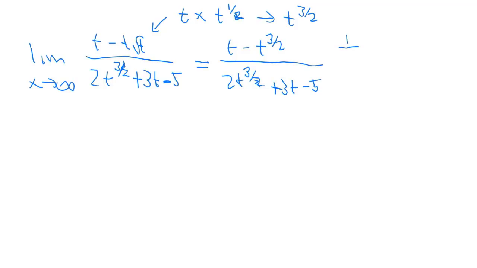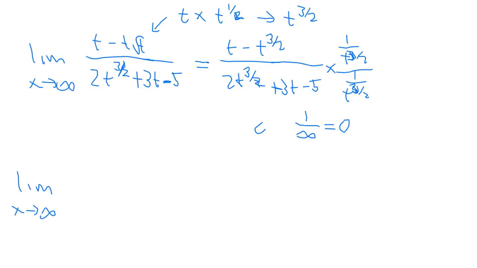So in this case, you would do 1 over t to the 3 halves over 1 over t to the 3 halves. And what this does is it cancels out the largest exponent. And that means that things will either become a constant or some sort of 1 over infinity, which is equal to 0, which is really nice. And you'll see that as we continue.